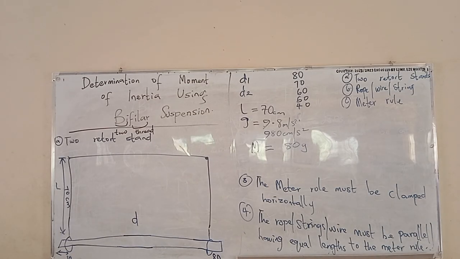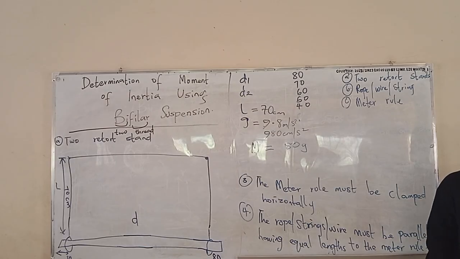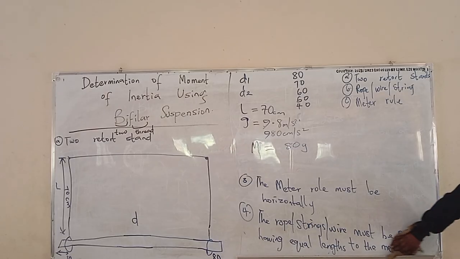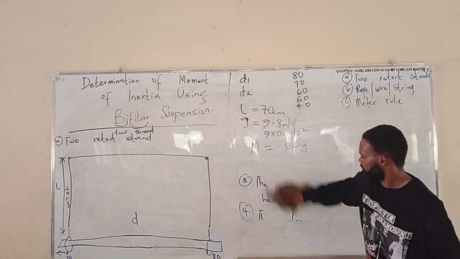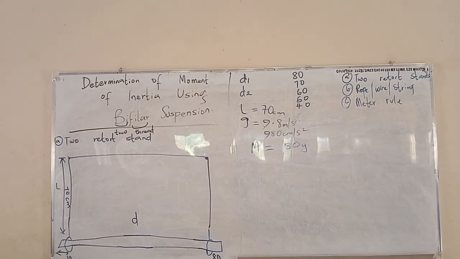So 80 grams for the mass. Whatever your lecturer asks you to use, no problem. But the book itself, what mass did they give in the old manual for the meter rule? They did not give anything. Okay, so please let's use 80.